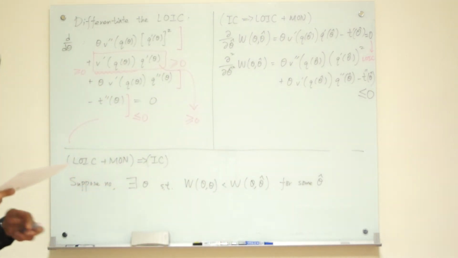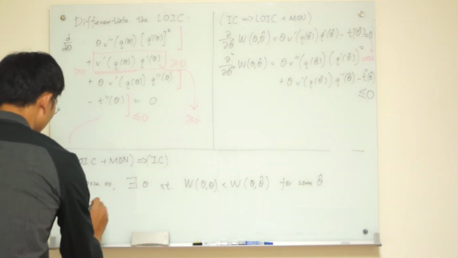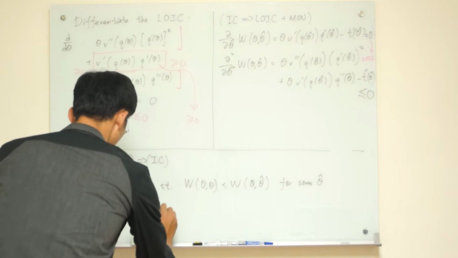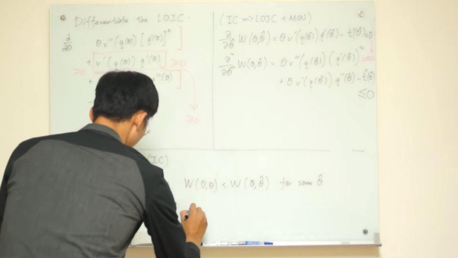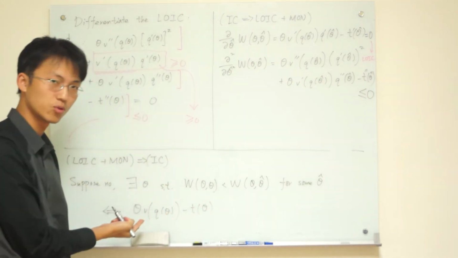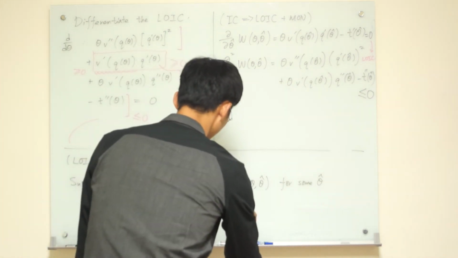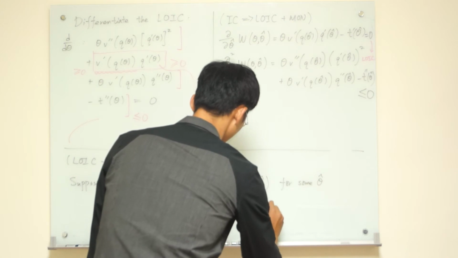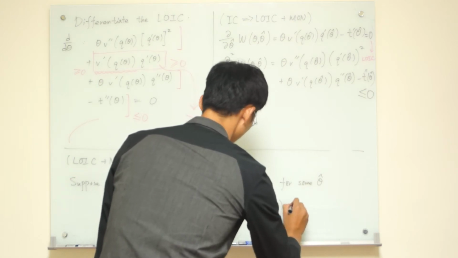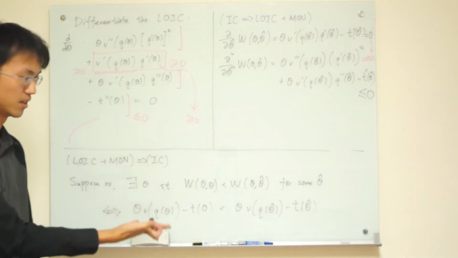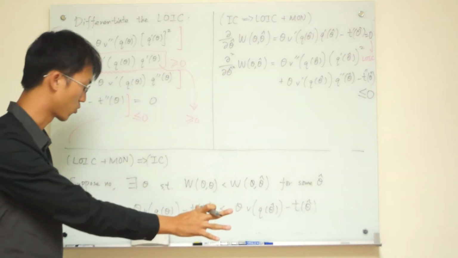In that case, let's write down the expression here. This is what you may get by telling the truth, and this is what you may get by lying. We have this inequality.